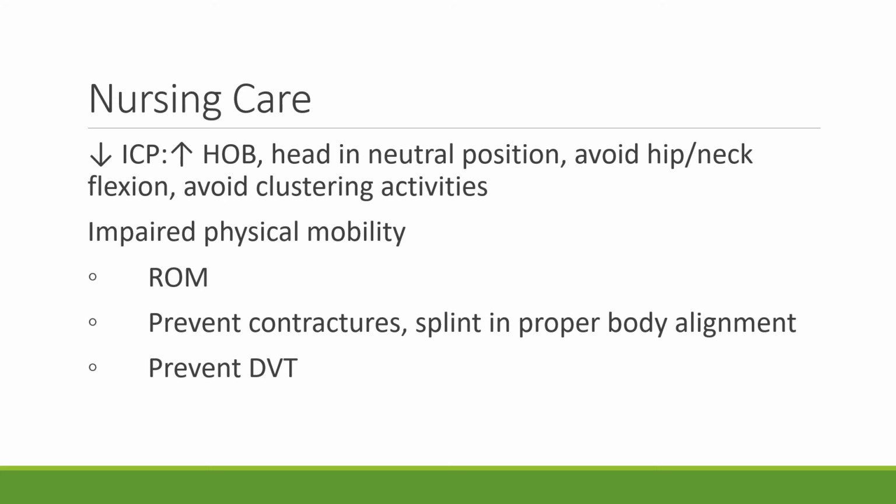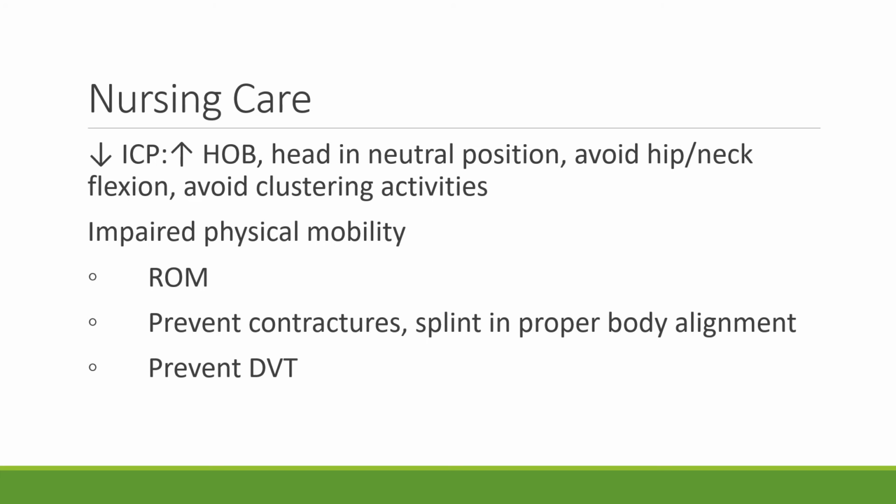Avoid clustering activities, so it's extremely stressful on them to have a lot of activities at once, so we're going to spread those out. When our patient becomes stressed and overstimulated, they have an increase in intracranial pressure. So they're going to have impaired physical mobility. So we're going to be doing range of motion for them, or we're going to get them to do active range of motion.